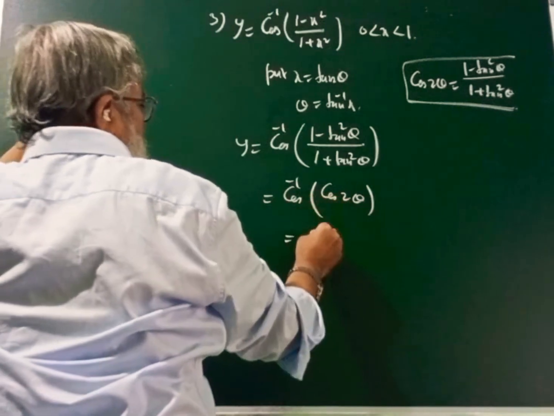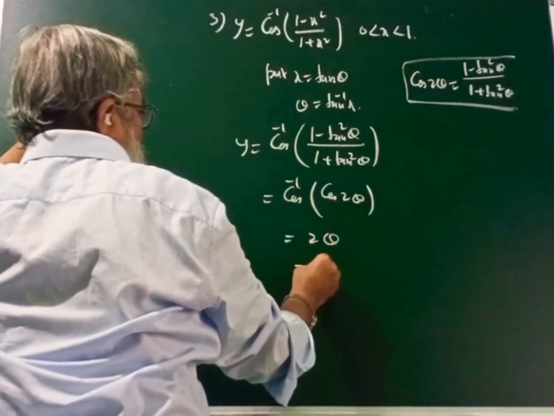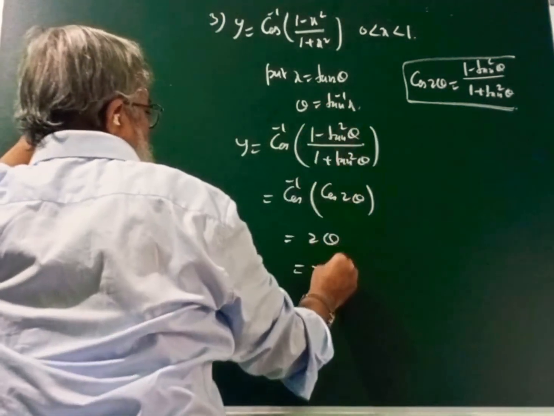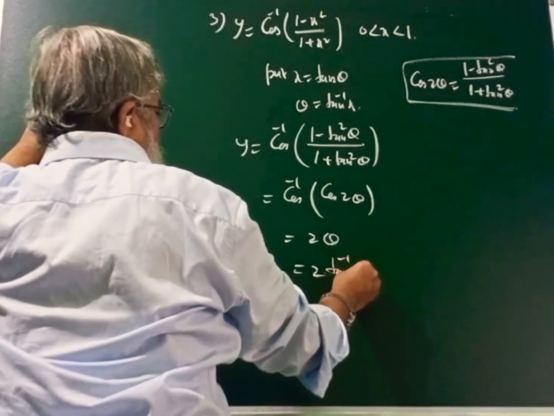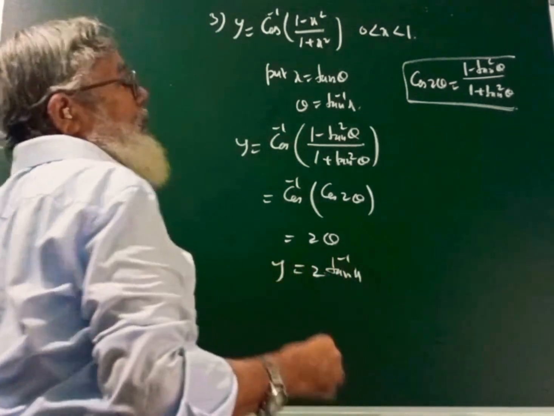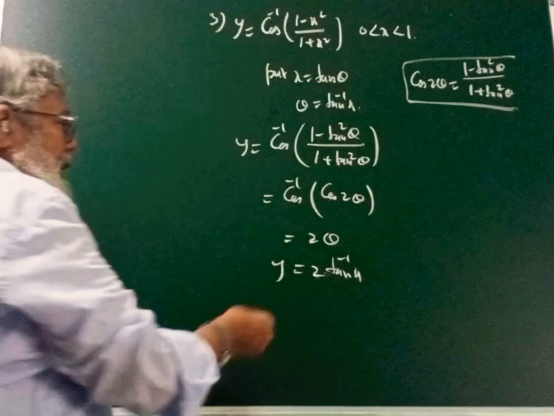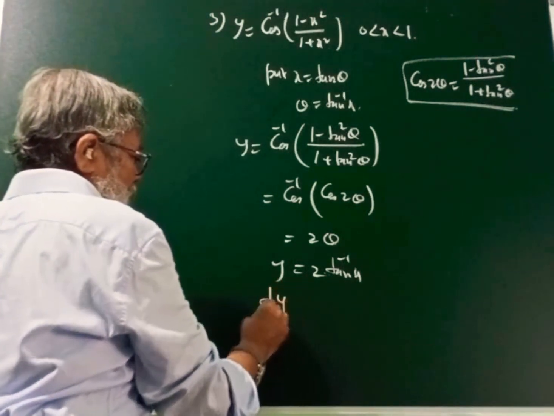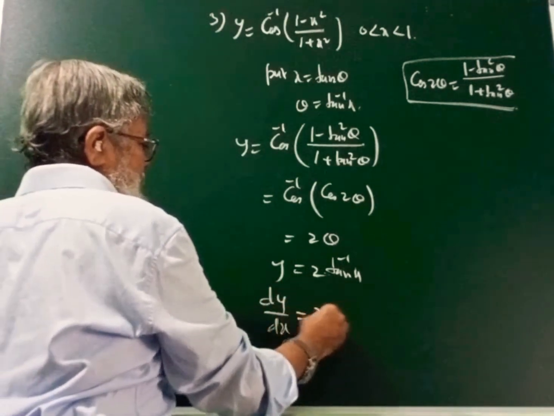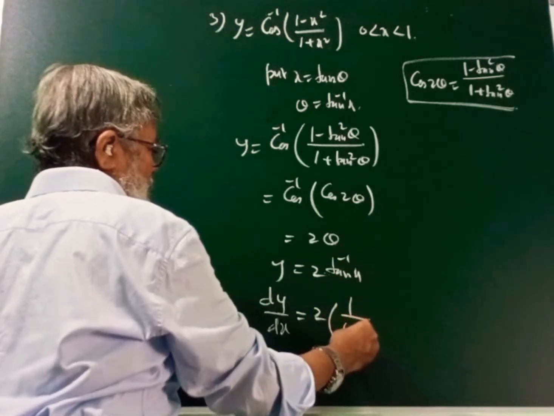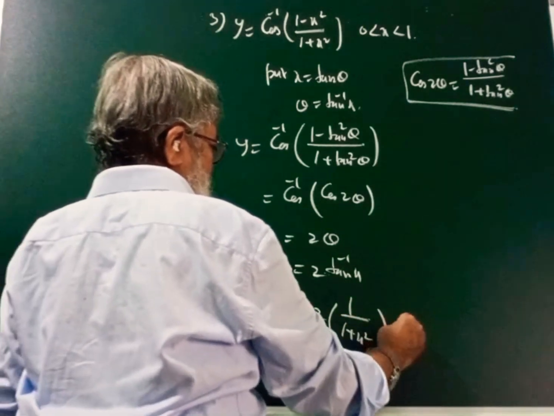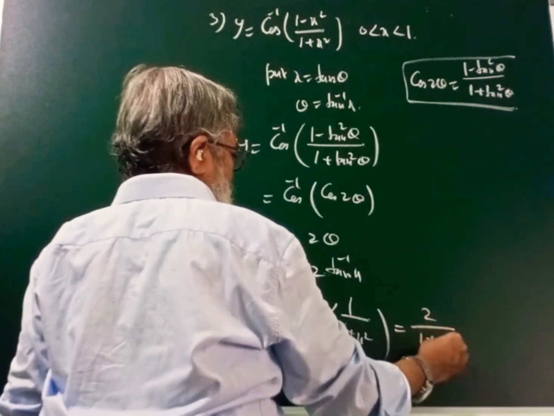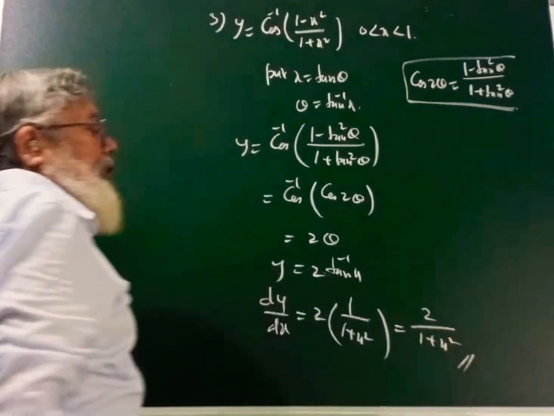Cos and cos inverse cancel each other, 2 theta. Substitute the value of theta, 2 tan inverse x. This is the simplified form of the given trigonometric function. Now it is very simple to differentiate. dy by dx is 2 into 1 by 1 plus x square, that is, 2 by 1 plus x square is the value of the derivative.